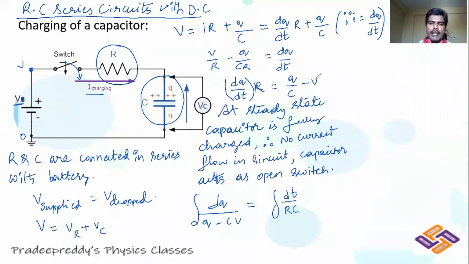Just C I am multiplying here, it is Q minus CV. That Q minus CV I am bringing to the other side, so it is dq divided by Q minus CV is equal to, R comes to the denominator and dt goes over there, so it is dt divided by RC. You need to integrate this total.